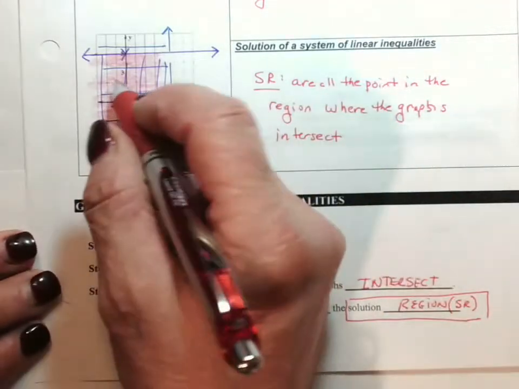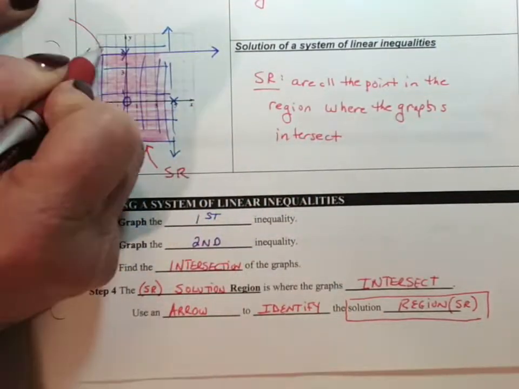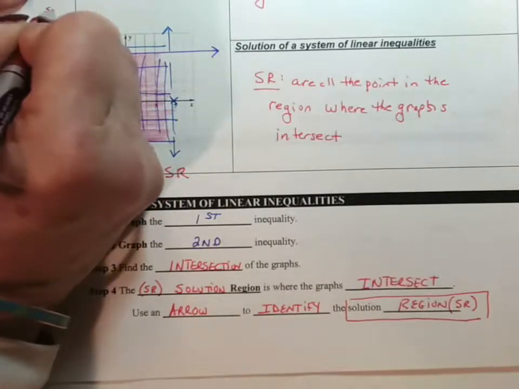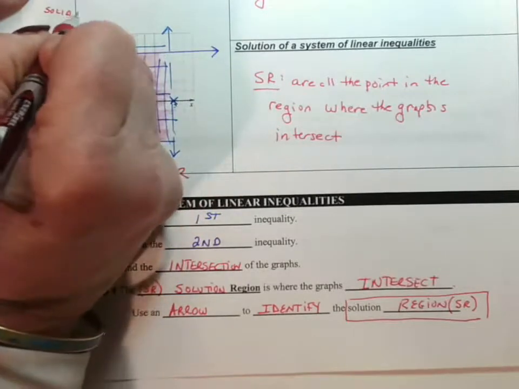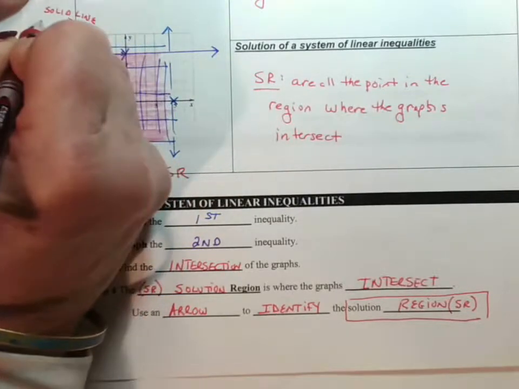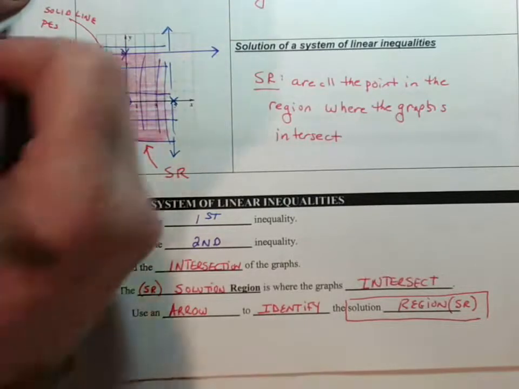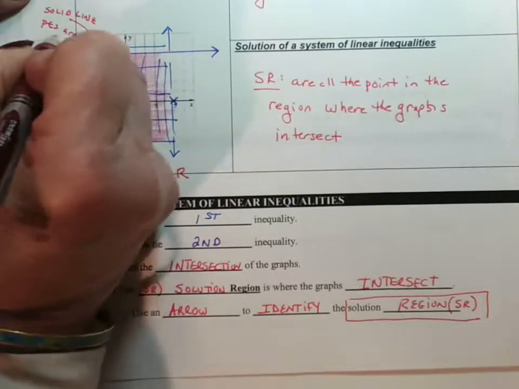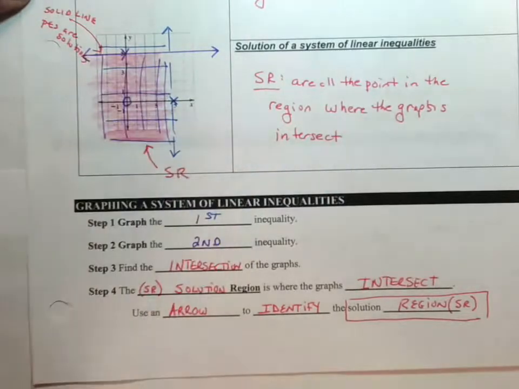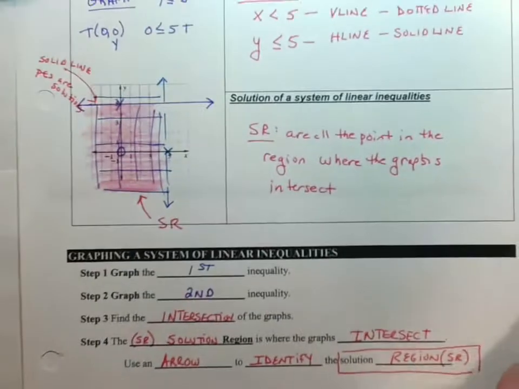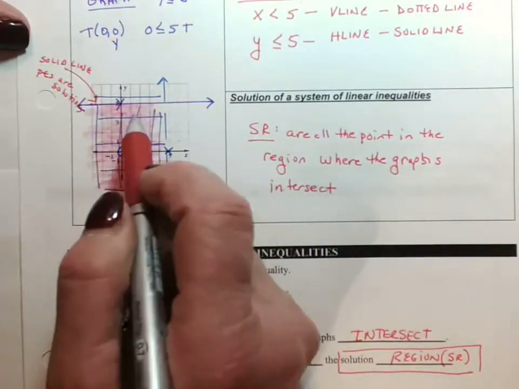Now keep in mind, this is a solid line. So for a solid line, the points on this line are solutions. If it's a solid line, the solutions are all these points that are on this line.